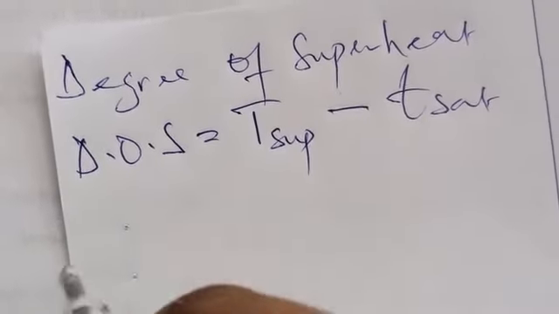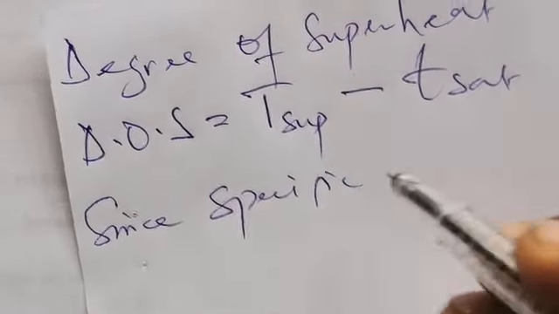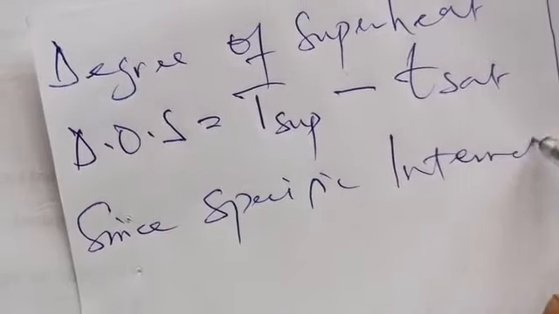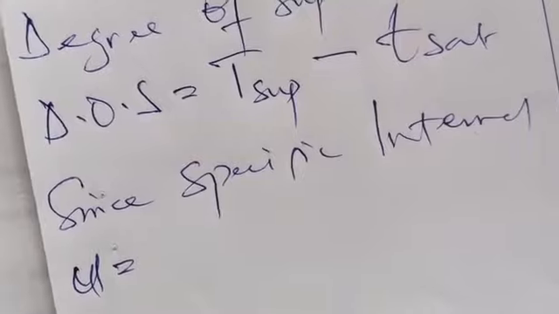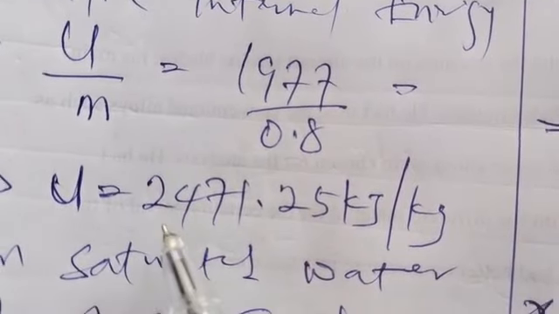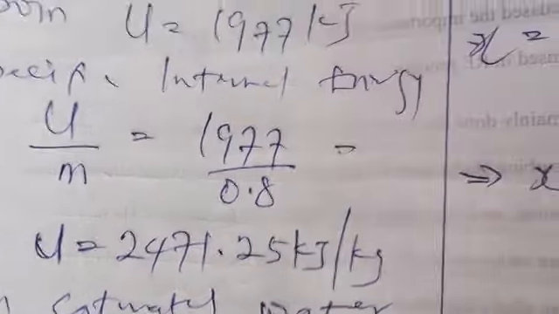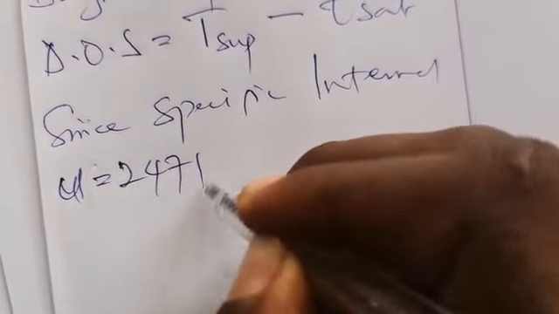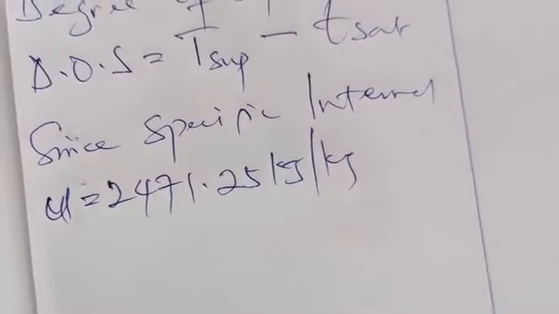Now, we obtain the specific internal energy U when we divide the total internal energy by mass, and we obtained this to be 2471.25 kilojoules per kilogram.